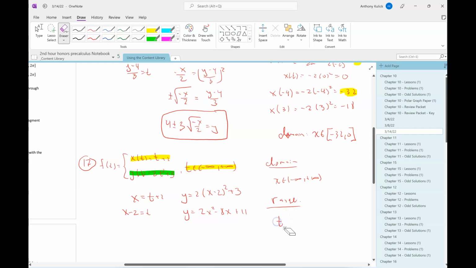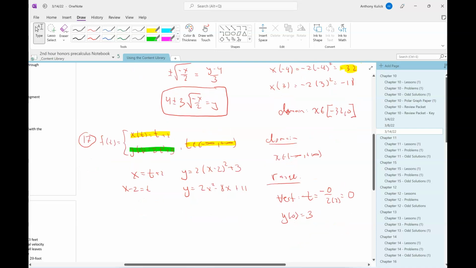So again, the vertex is negative b over 2a. So that's 3. And since this quadratic opens up, our range is going to go from 3 to positive infinity.